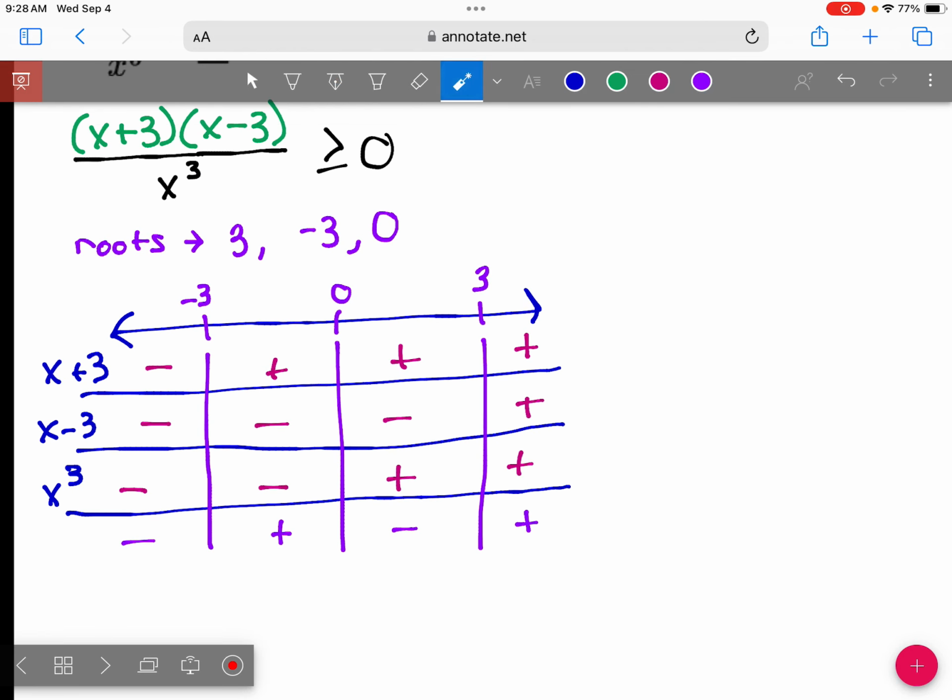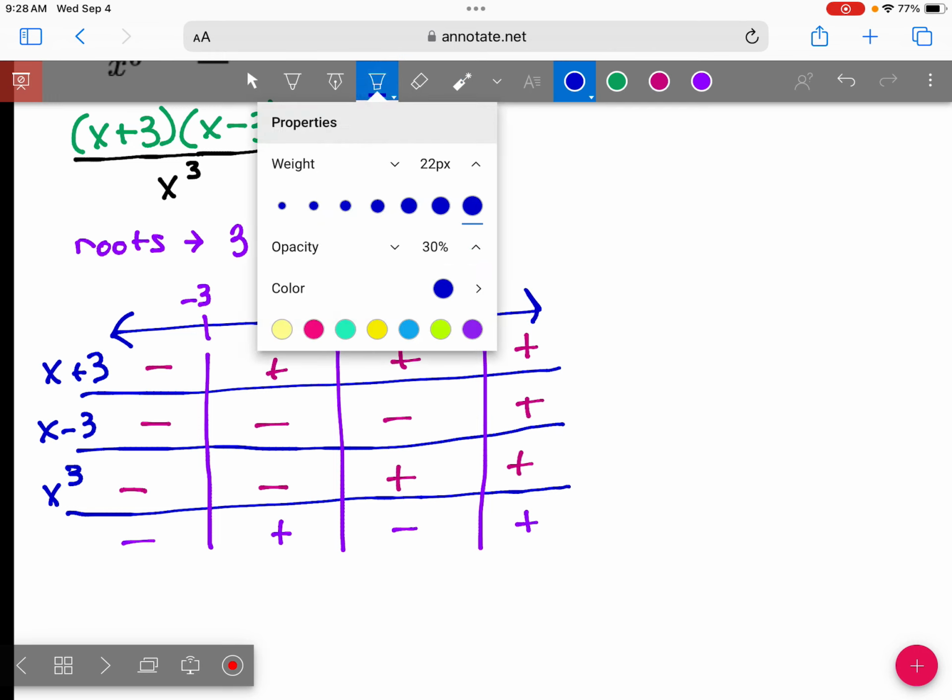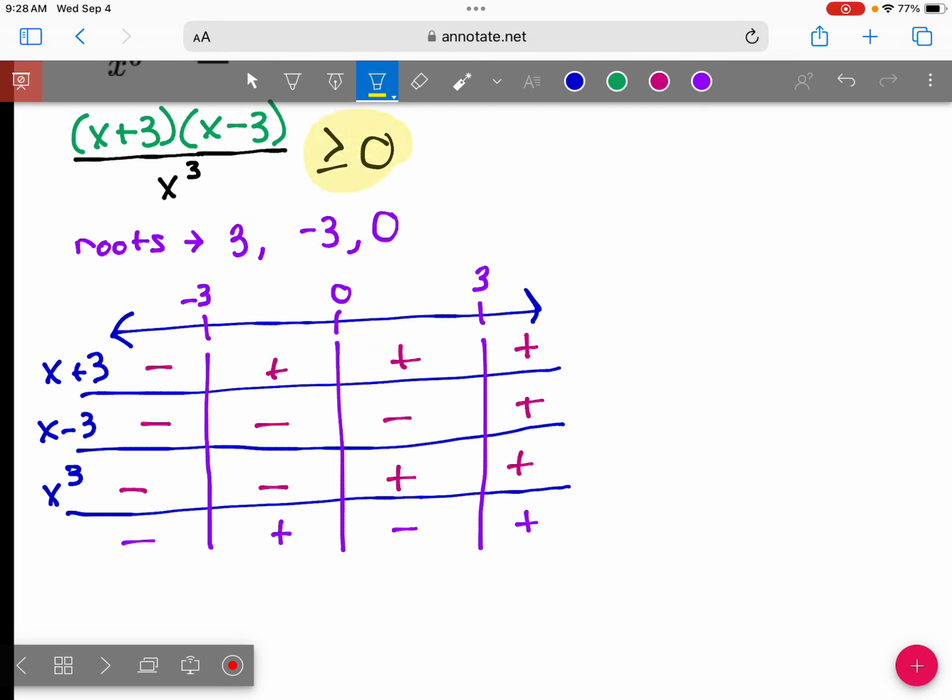What are we looking for in our solution set? Greater than or equal to 0, right? So we want our positives.